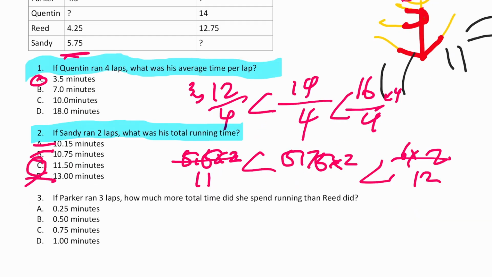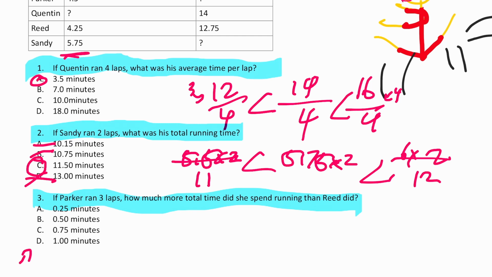All right. So today's last question is, if Parker ran 3 laps, how much more time did she spend running than Reed did? And honestly, since this was in the Mathematic Achievement Center, this one doesn't have that much trick. It's kind of just decimal multiplication and subtraction.